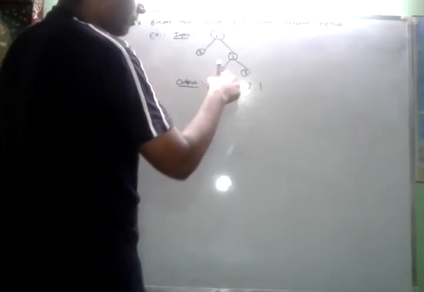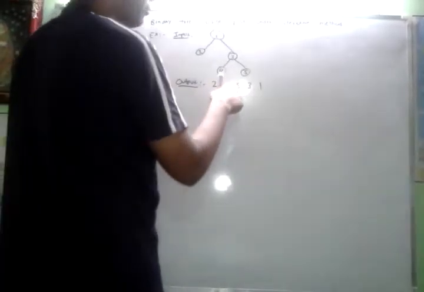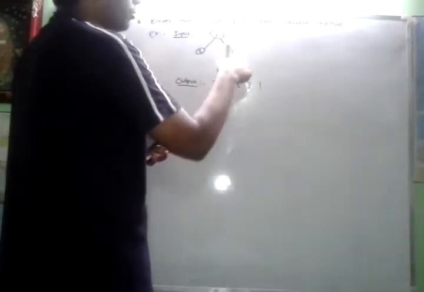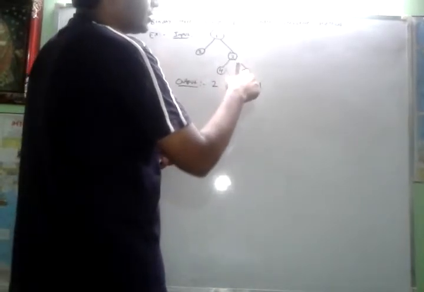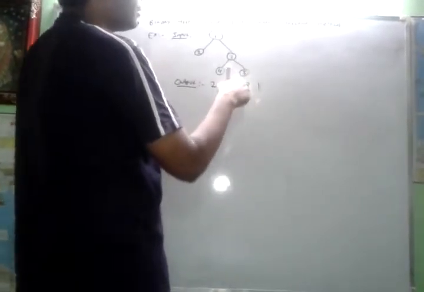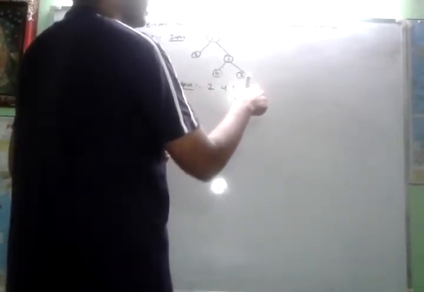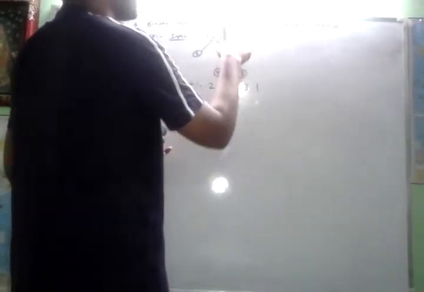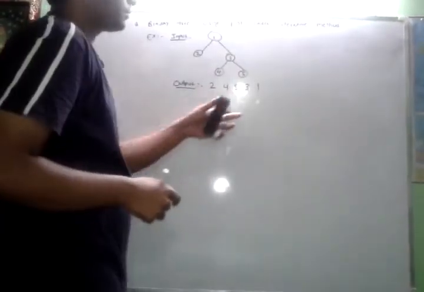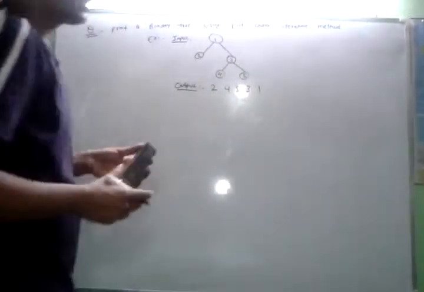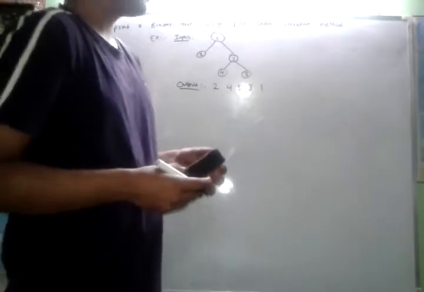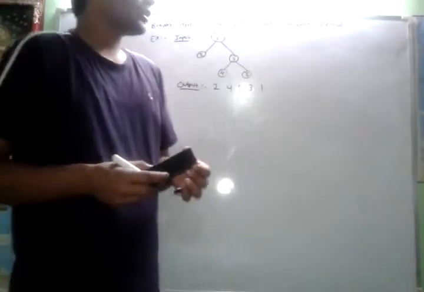The left and right of 4 are null, so we print 4 and go to the right, which is 5, and we print 5, and after that print the root node of 3, which is 1. So let's see how we are going to solve this problem by using the iterative method.